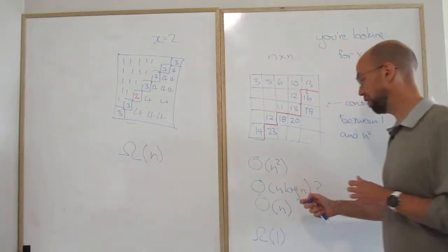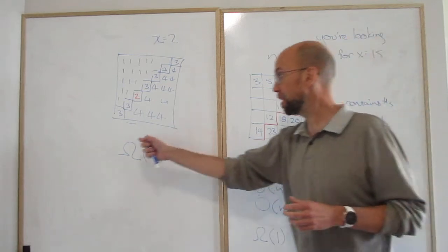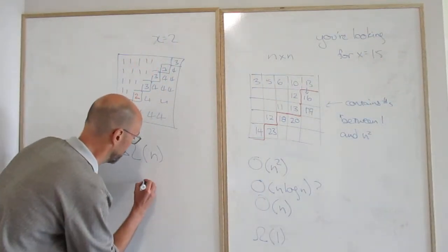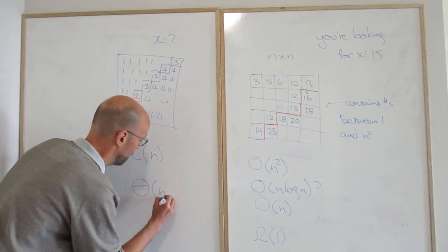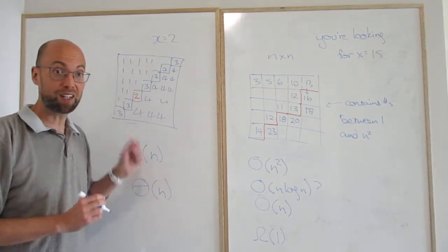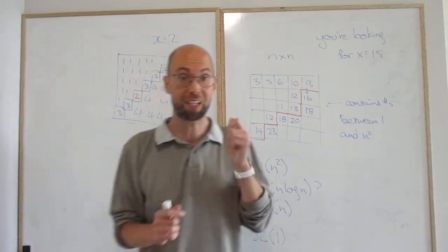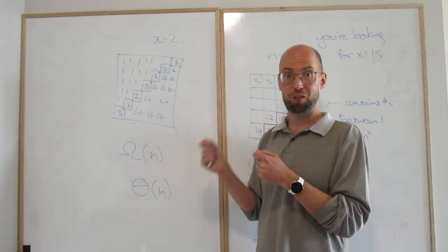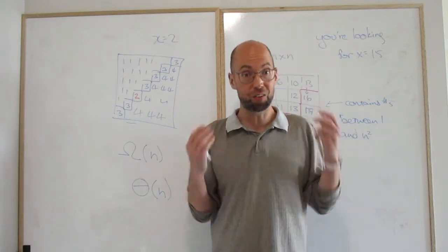And then we have big O of n and big omega of n, and how many cells do you have to check in the worst case? Theta of n. This is now a tight bound. You can stop kicking yourself about trying to get the two-dimensional binary search to work, because it's not going to.